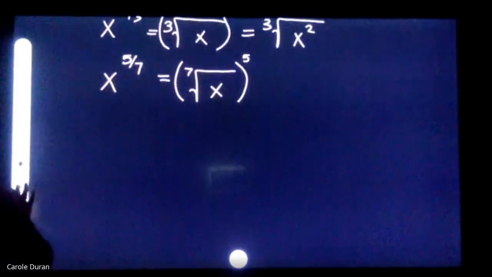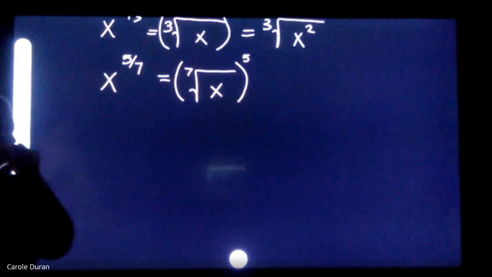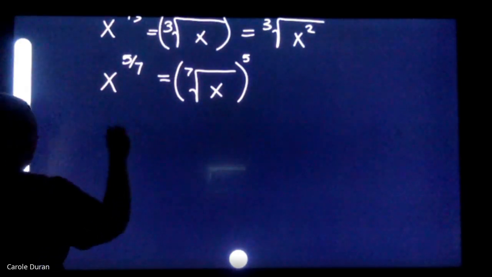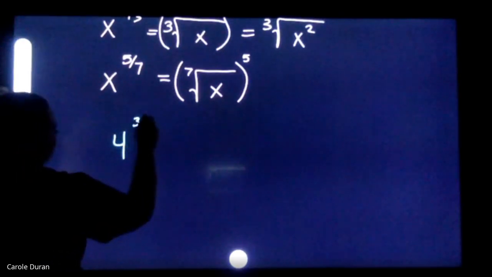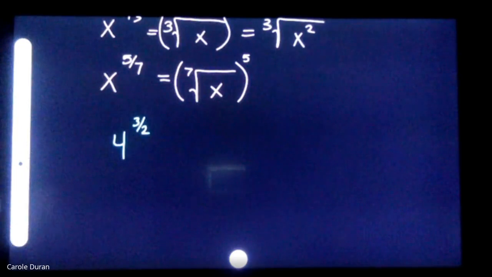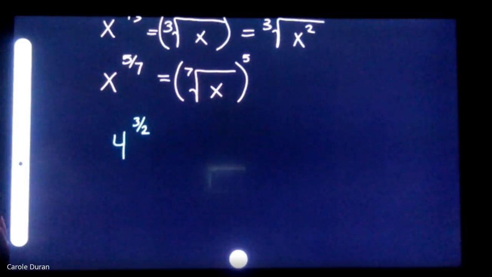So for instance, if I gave you 4 to the 3/2, and I wanted you to simplify that, I could rewrite this as a radical, which would allow me to do one step at a time and get an answer.